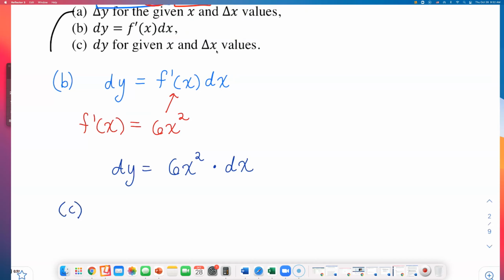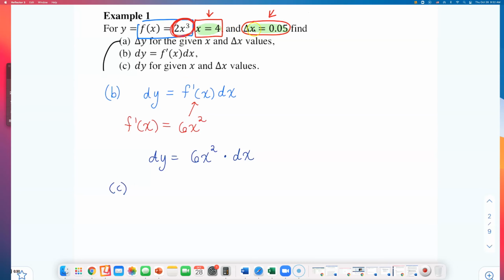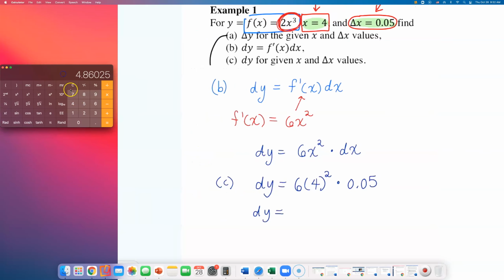So let's plug in those two green highlighted numbers into our dy formula. dy is 6 times 4 squared, because x was 4, times 0.05. So dy is, if I do 4 times 4, that's 16. 6 times 16 is 96. Multiply that by 0.05. dy comes out to be 4.8.